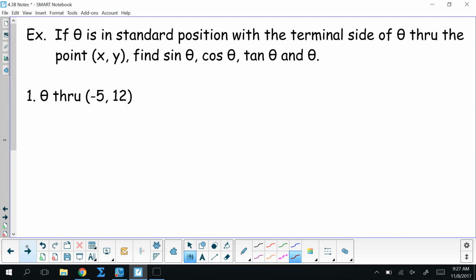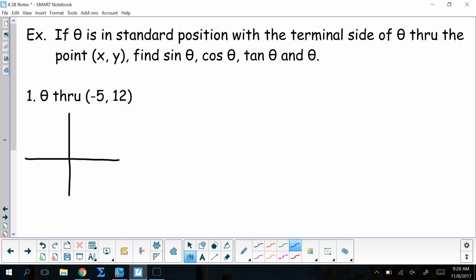With a terminal side of theta through the point x comma y, we want you to find the sine, the cosine, the tangent, and what the actual angle is, okay? So first off, I would start with drawing yourself a little picture again. Where is negative 5 comma 12? Which quadrant?